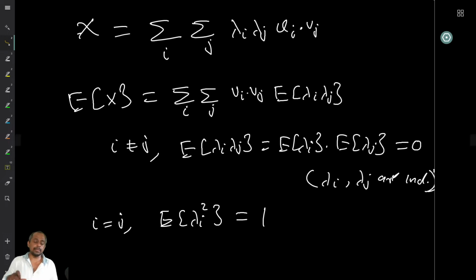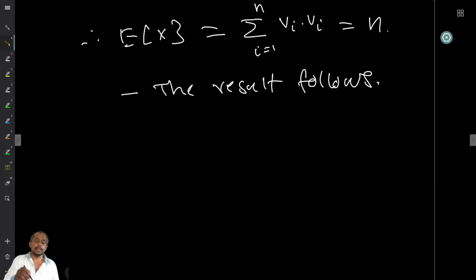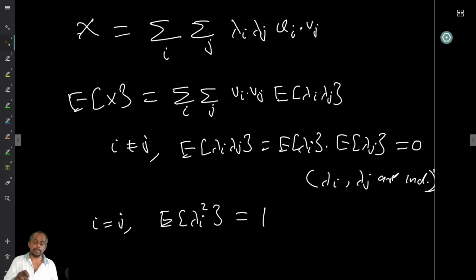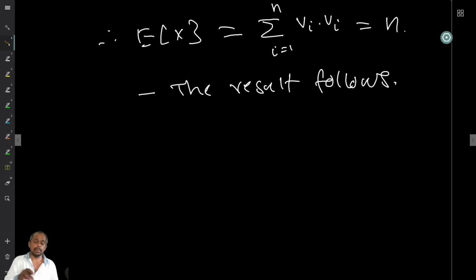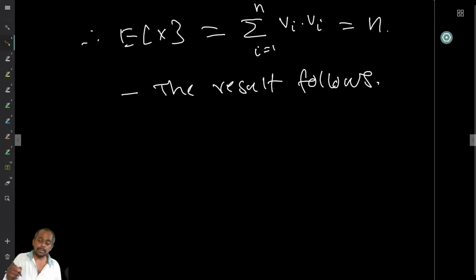So then we can reduce this. What is the expectation of x? It is the summation i equal to 1 to n of vi dot vi, because the i equal to j case is the only one surviving, and all other cases go to 0.